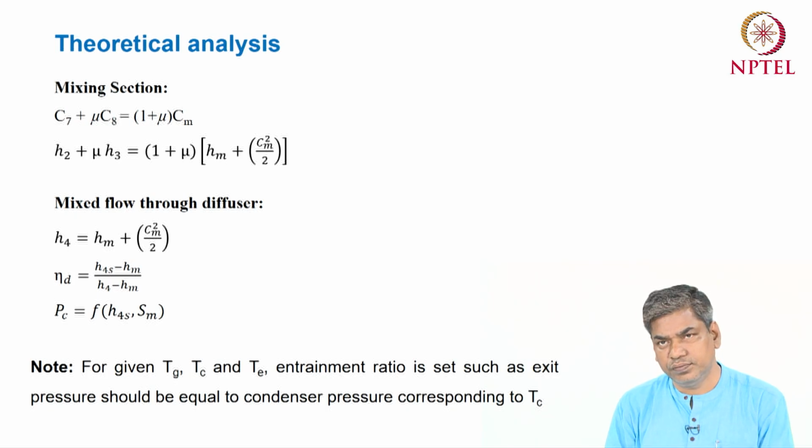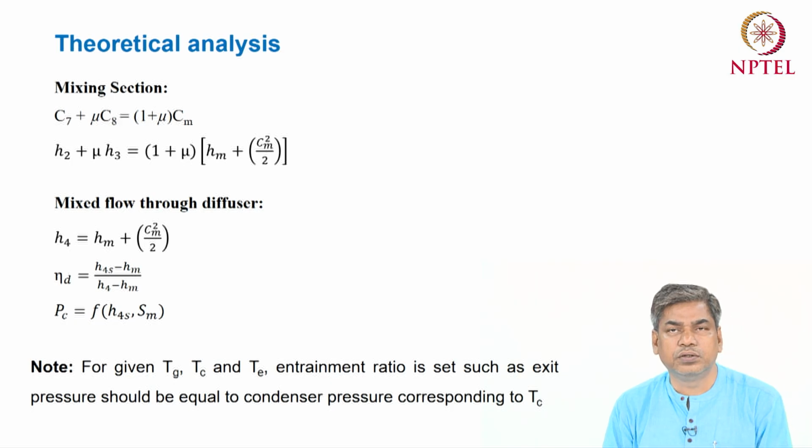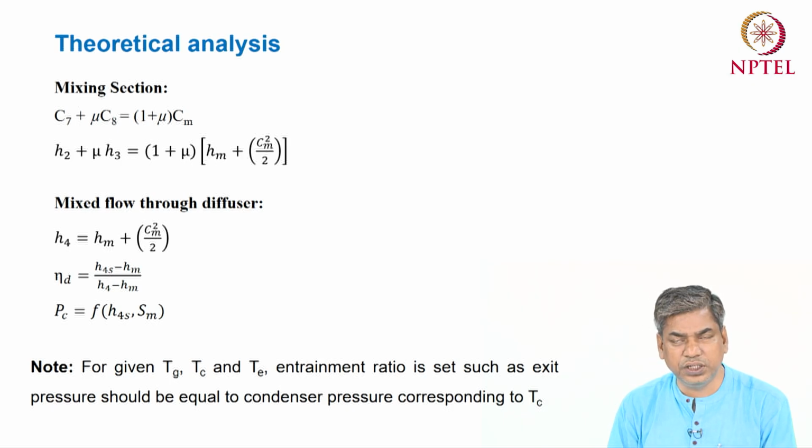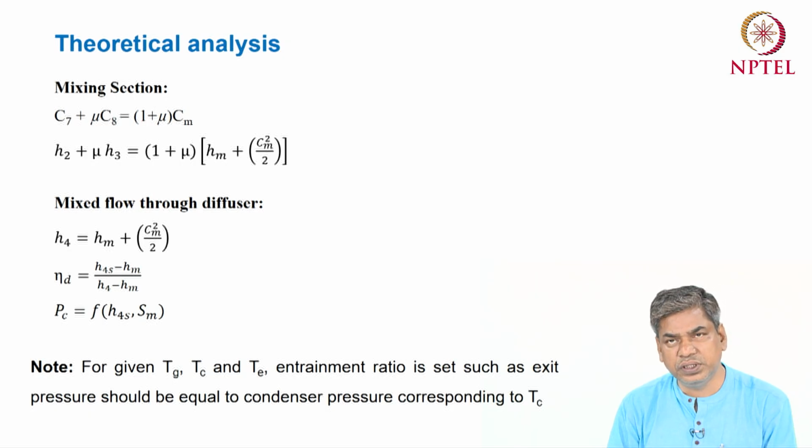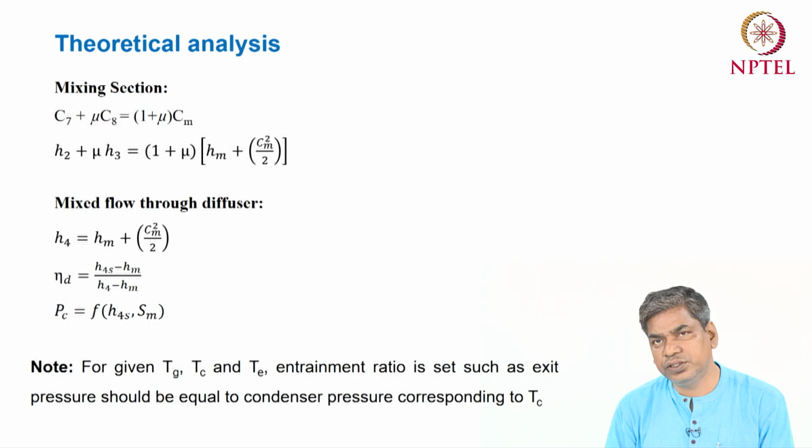Although if you use the shock for the calculation, and if you do not use the shock, then if you see the ultimate result, the variation is not so high. If you consider the shock, then you will see the pressure rise due to the shock, and due to that shock your kinetic energy will already reduce.